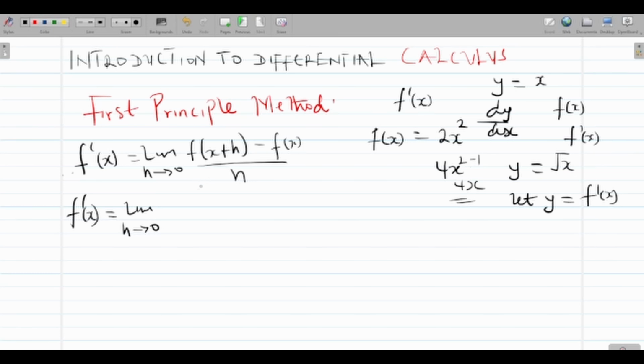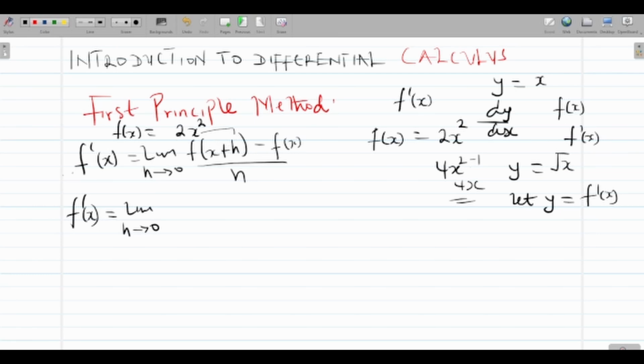Now what's going to happen is that wherever you see x, let me write it up here. We say that f of x is equal to 2x squared. So wherever you see x, you put x plus h. I say that again: wherever you see x, you put x plus h.